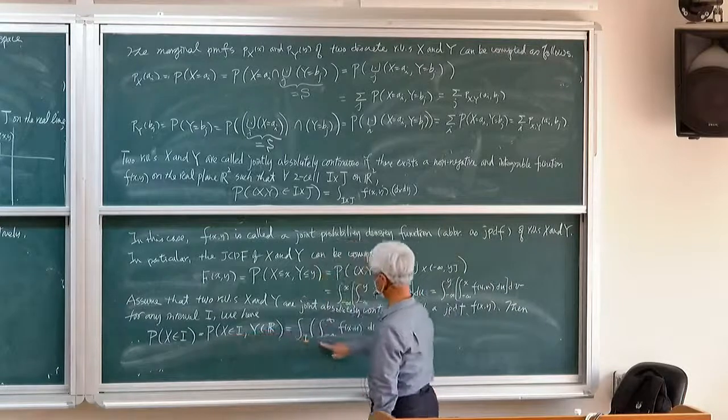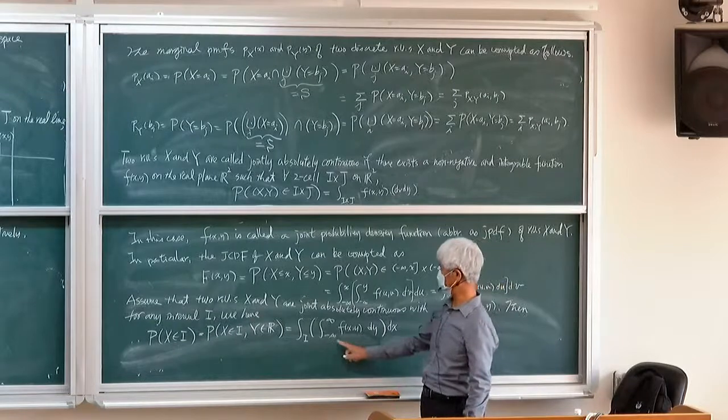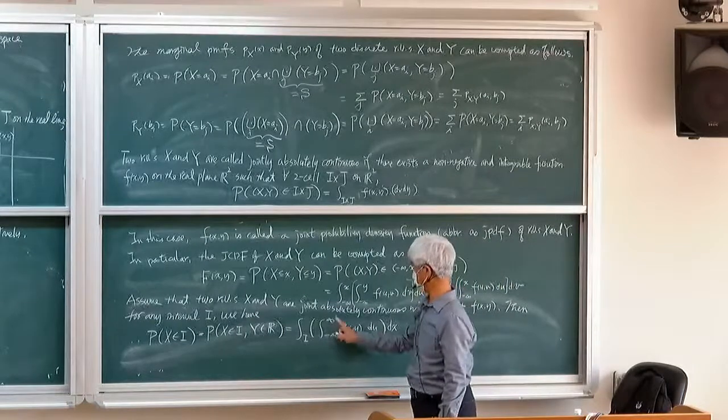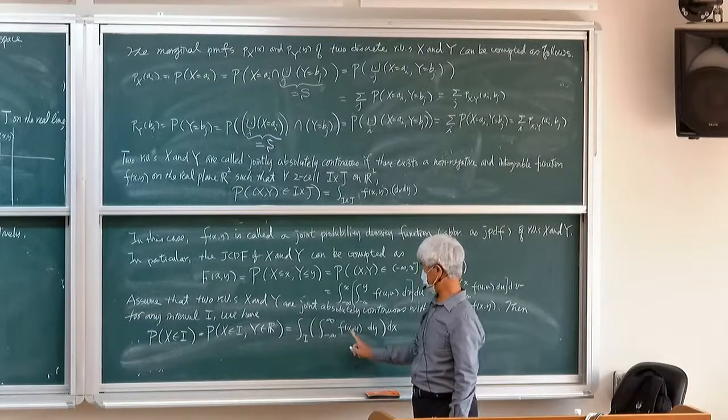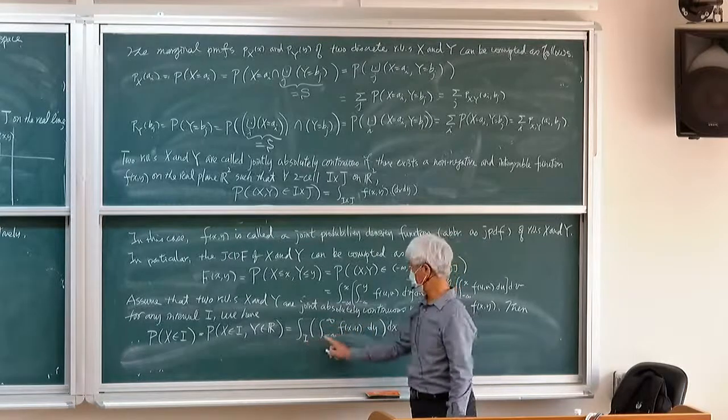This probability can be computed by first evaluating the integral over y with x fixed, and then, as a function of x, integrating over the interval I.